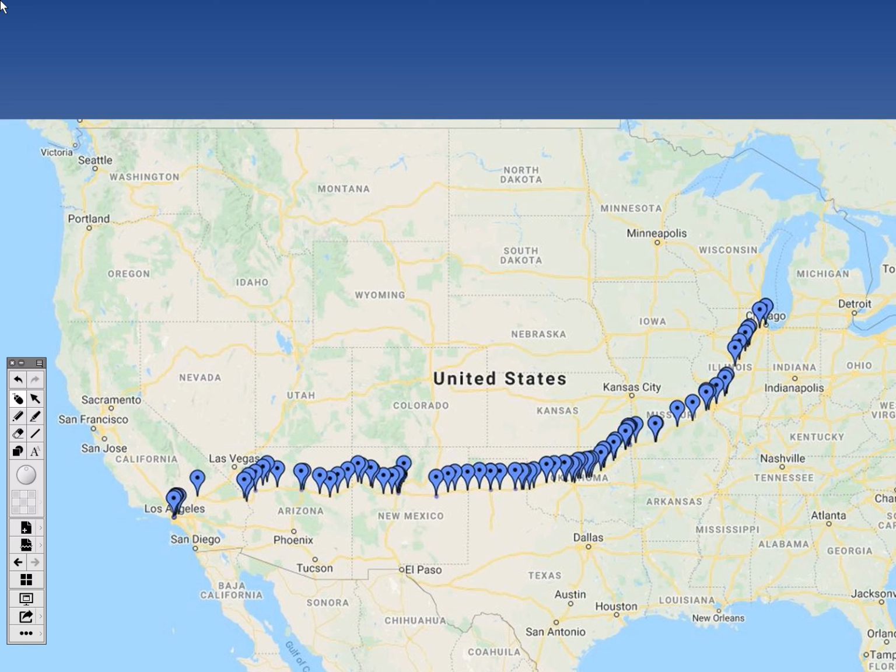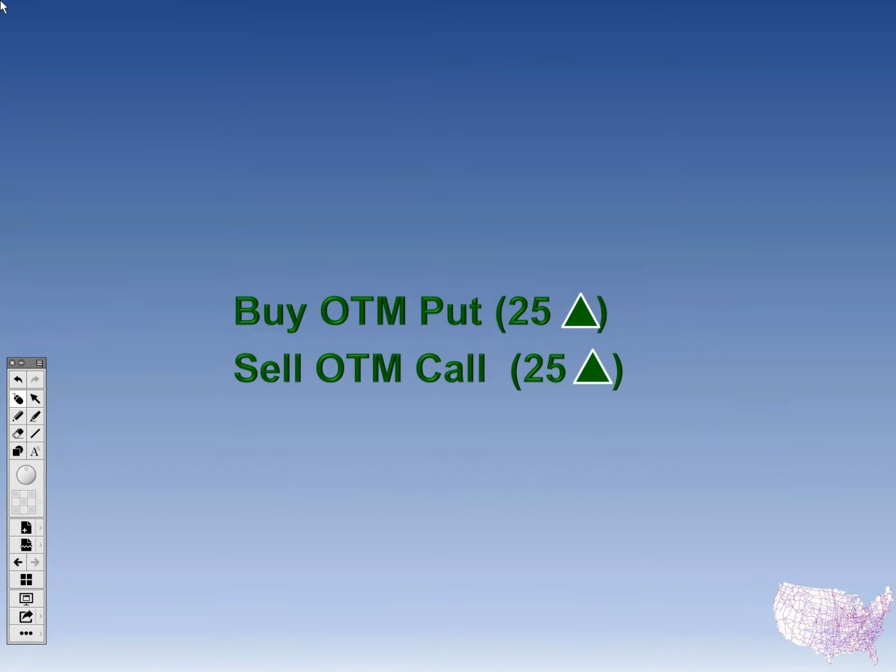What we want to do is build our strategy. We're going to be buying an out of the money put, lower down the market, about a 25 delta put, and selling a call. So let's think about this. I'm buying a 25 delta put, which is negative 25 deltas, because put deltas are negative.